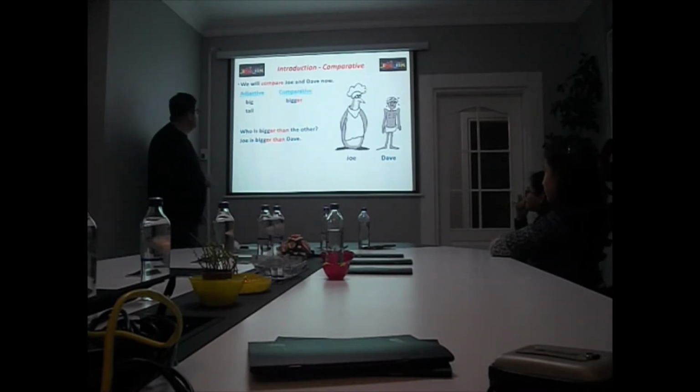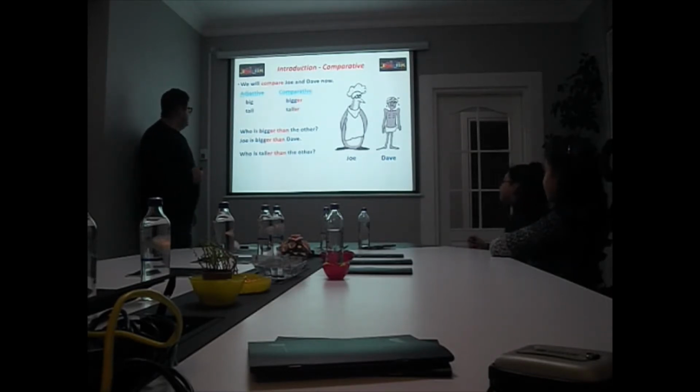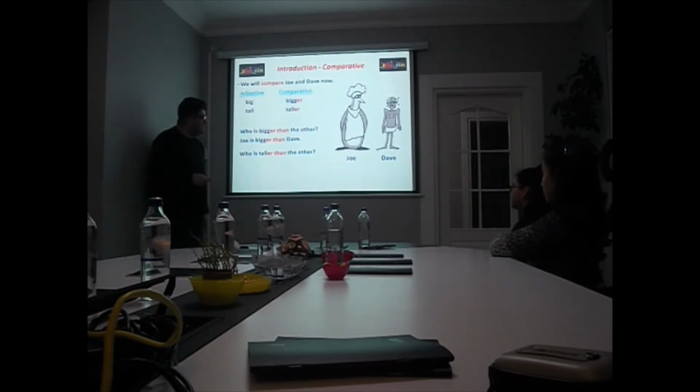Okay, what about tall? What is the comparative form? Taller. Exactly. Here's the example. Who is taller than the other between Joe and Dave? Joe is taller than Dave. Perfect. One last time. Fat. What is the comparative form?